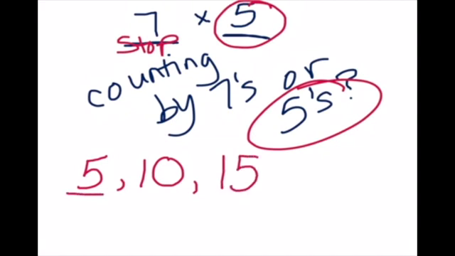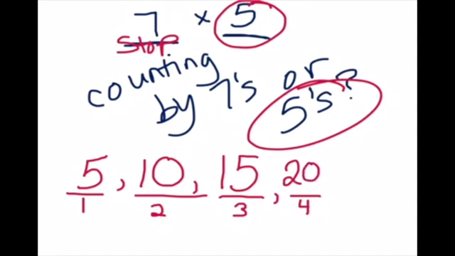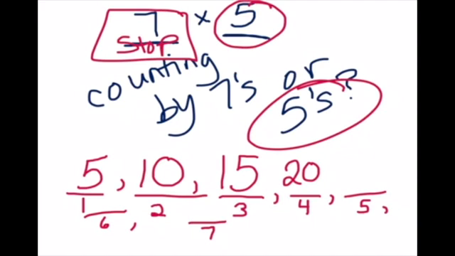So far, this is the first number that we counted. 10 is the second number. 15 is the third. So let's go to the fourth number. 5, 10, 15, 20. We know that we will have a fifth number. We're going to have a sixth number, and we're going to have a seventh number, right? Because 7 is where you need to stop.